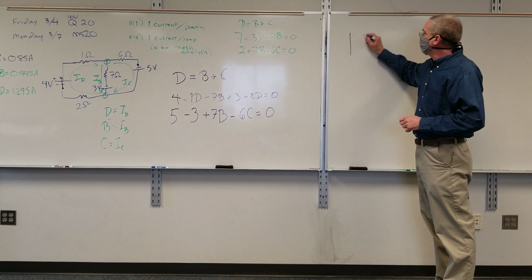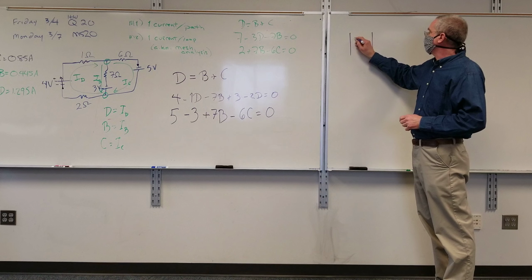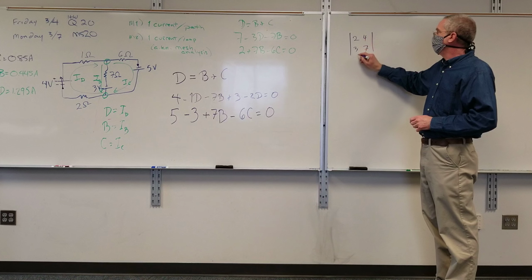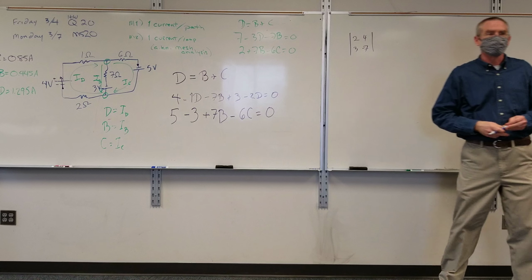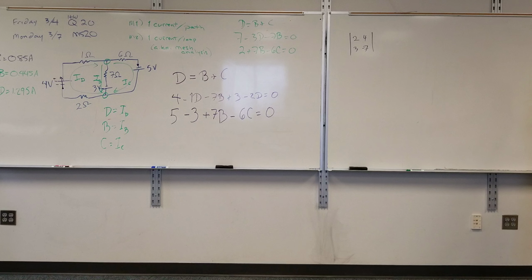So if I have a 2x2 determinant, and I'm just going to stick numbers in here of 2, 4, 3, 7. We'll make one of them negative, -7. The way you solve a determinant is, you can start anywhere, but the technique I am going to use every time for this group is to start in the upper left-hand corner and go across the top.